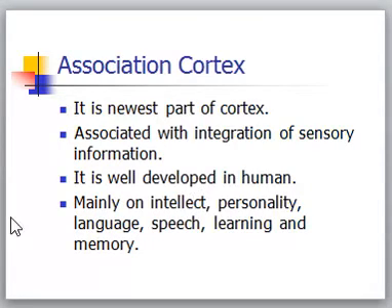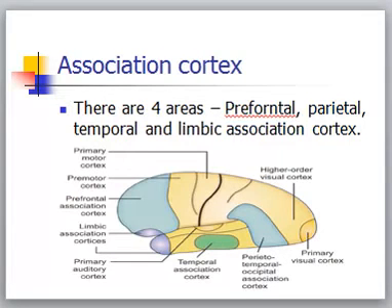Next we are going to learn which areas are present in the association cortex. There are four areas: prefrontal, parietal, temporal, and limbic association cortex. In this diagram I have clearly marked them.